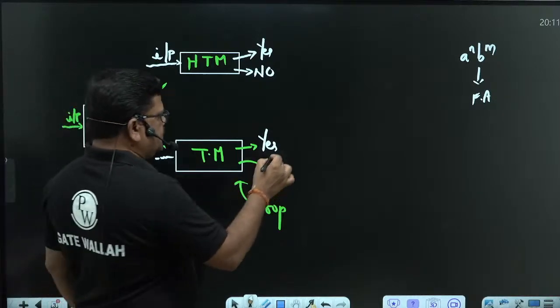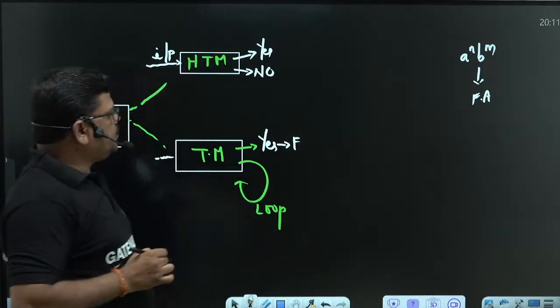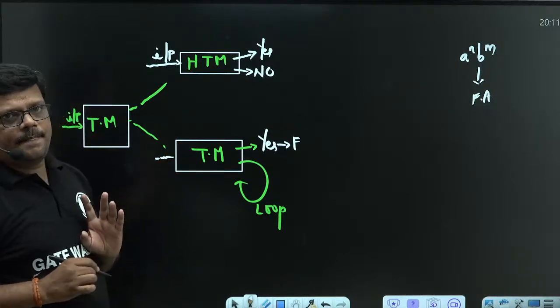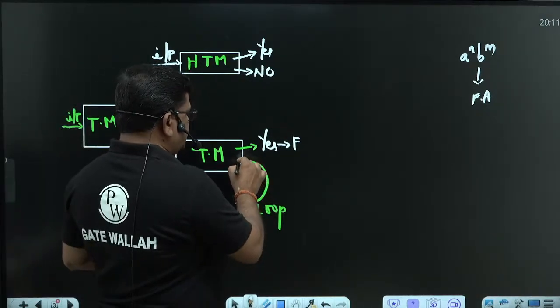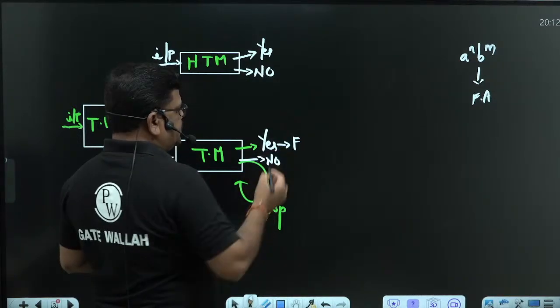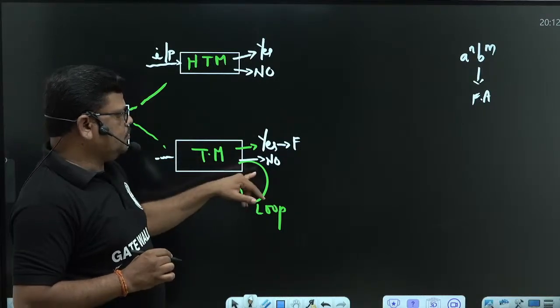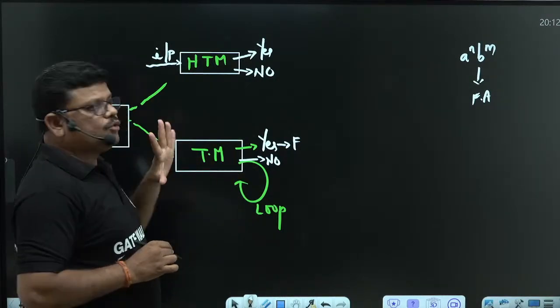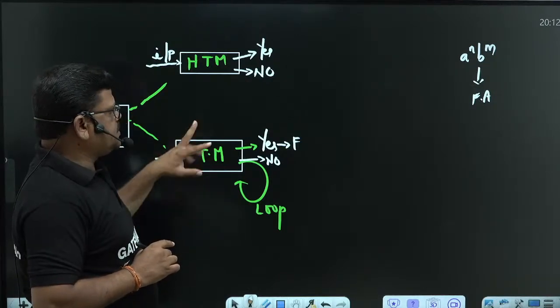Halting in the final state says yes, the string is accepted. But for the strings not belonging to this language, two possibilities are there. It may say no, rejected. Yes and no mean accepted and rejected. It may say no, or it may go into a loop. There are two possibilities.